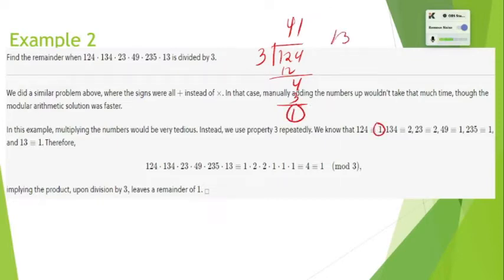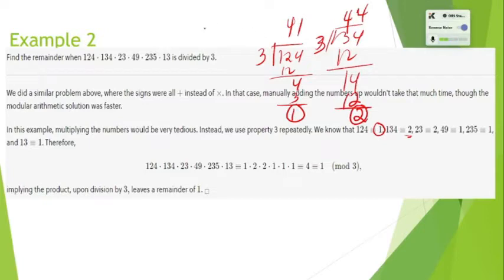Then, 134 naman divided by 3. That is 4 pa rin. That is 14, 4. So, 2, nilagay niya.